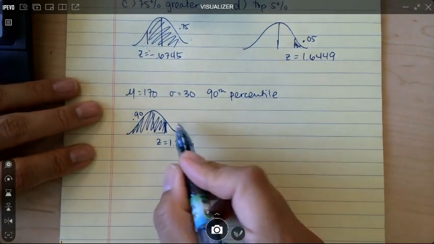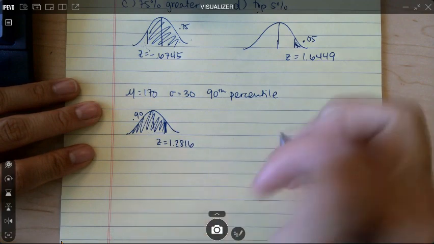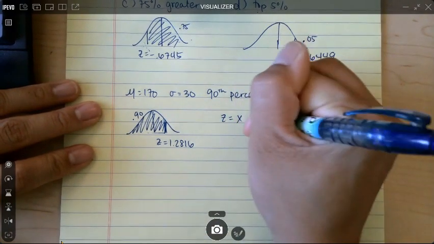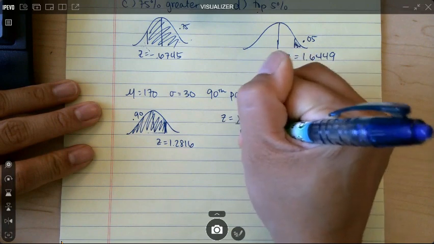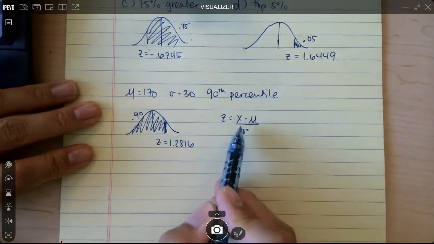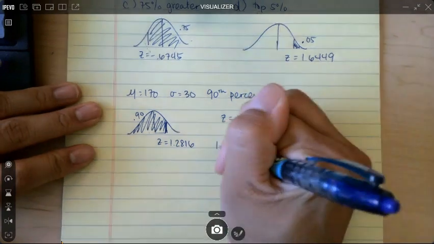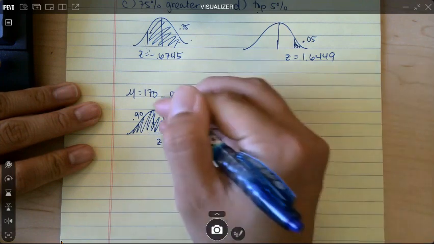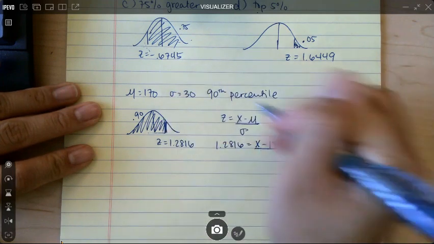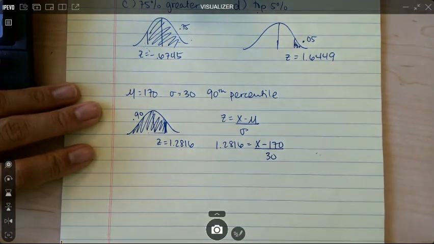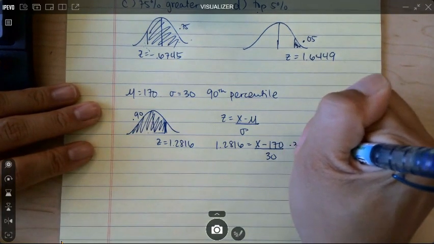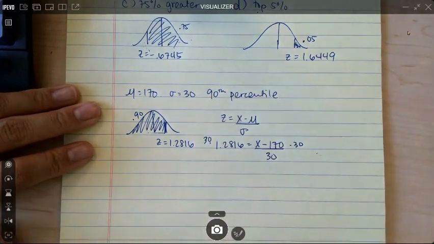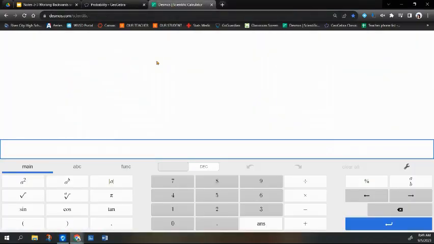Now we work backwards with our z-score formula. The z-score formula is the data value minus the mean, divided by the standard deviation. We have all this information except for the data value. So 1.2816 equals x minus 170, divided by 30, and we're solving for x. Now we just do a little algebra. We multiply both sides by 30. 1.2816 times 30 is 38.448.